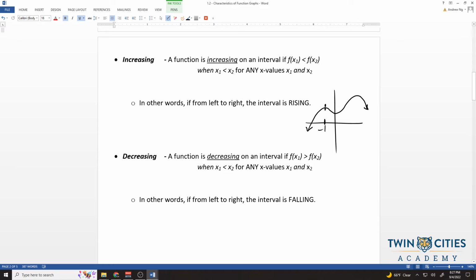And then it looks like I would be decreasing from negative 1 to right about 0. And then from 0 to, let's call this 2, from 0 to 2, I'm going up, so I would be increasing, and then from 2 to positive infinity, I'm going back down. So that'd be decreasing.